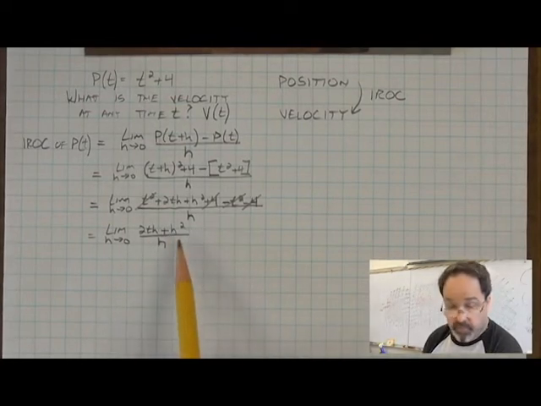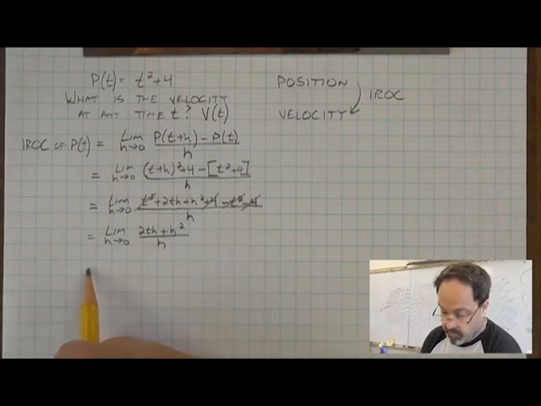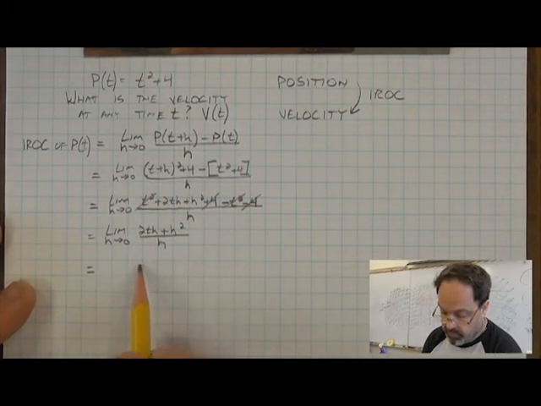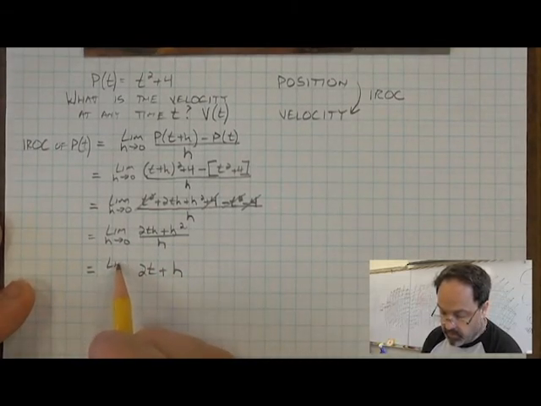The algebra, if done correctly, will always resolve, and in the next step you'll see that this h will divide this h in this term, leaving 2t, and the h squared after it divides by h will just be h, and I'm still taking the limit.